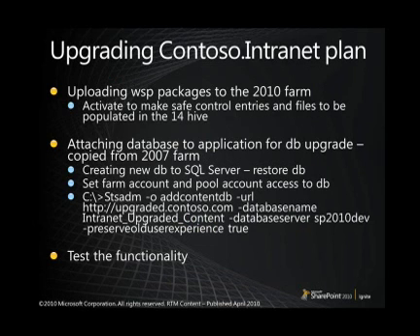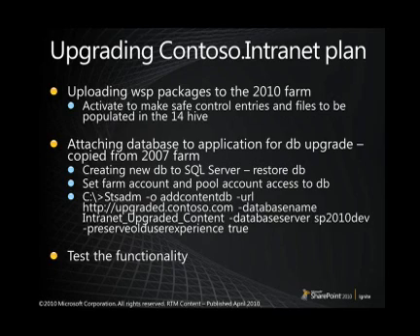So the upgrading plan of the Contoso intranet was the following. Basically, upload the WSP packages to the SharePoint 2010 farm and activate those packages so that the safe control entries are added to the web config files, and all of the required feature files and site definition files are located in the 14 Hive, or the 14 root folder.